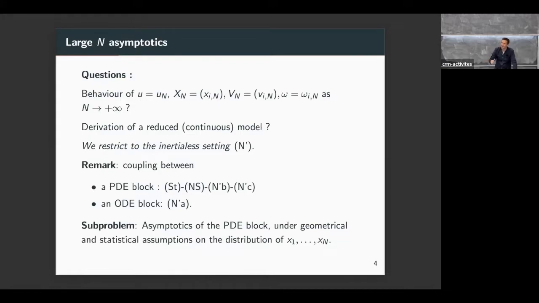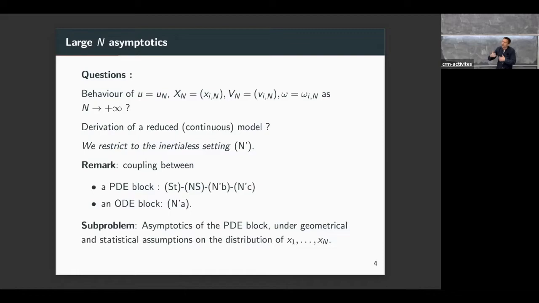Okay, it's a dynamical problem because the particles move, but sometimes you may want to relax a little. I mean, you may want to say, okay, I freeze the time, and I will look only at the PDE block, given the positions of the particles.